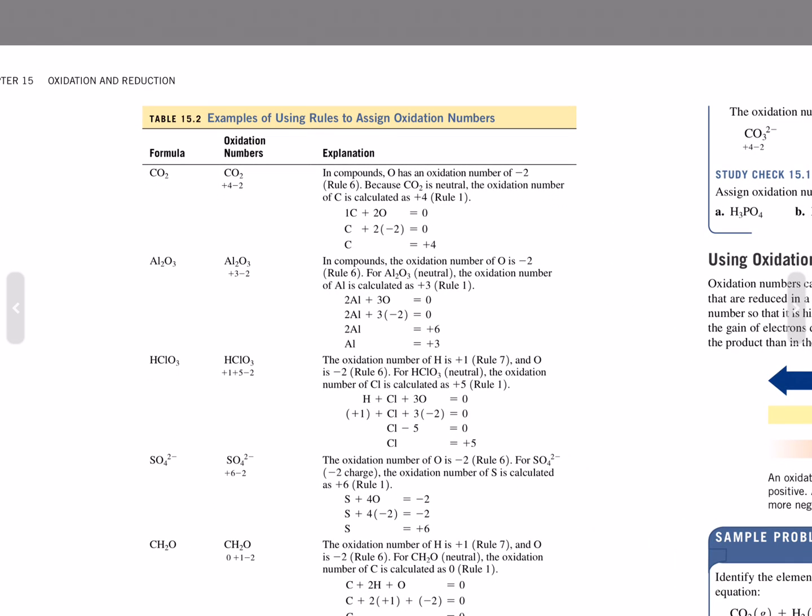For carbonate, the oxygen is negative 2, and there are 3 oxygens, so that's going to be negative 6. Carbonate goes to 0, so the carbon must be positive 4.